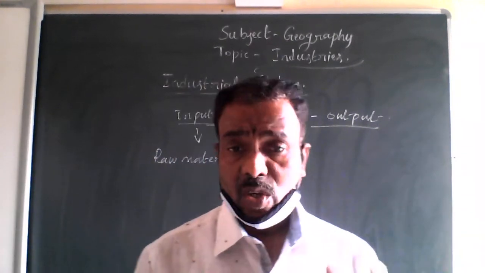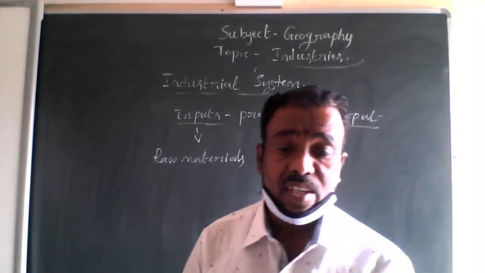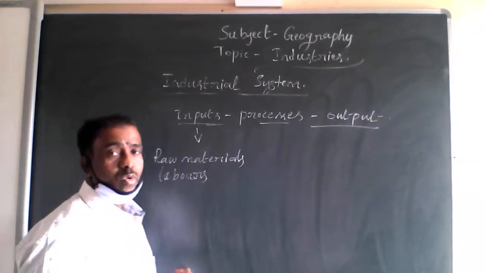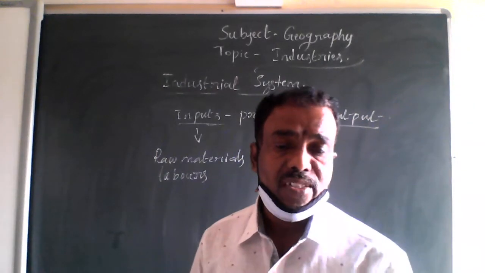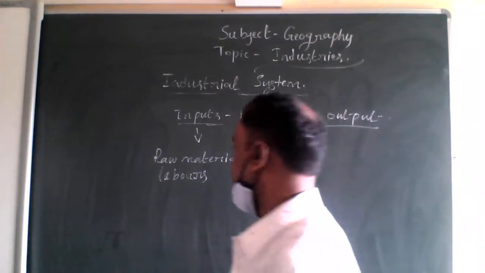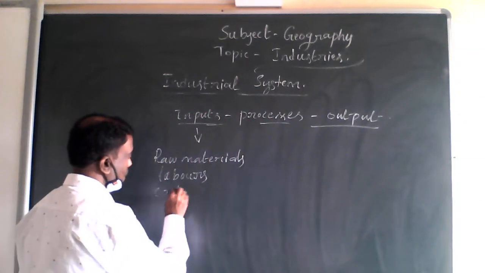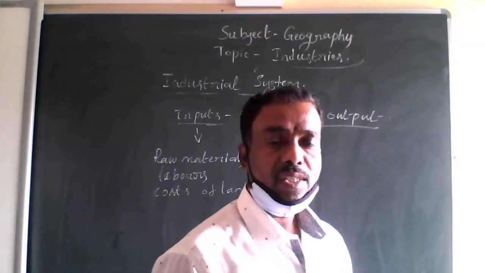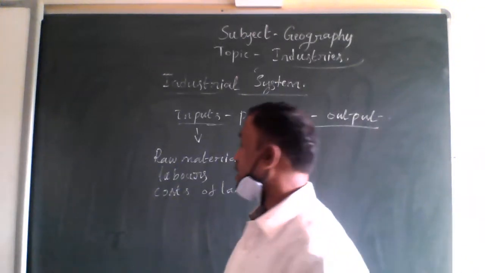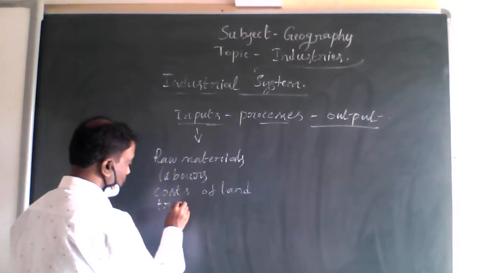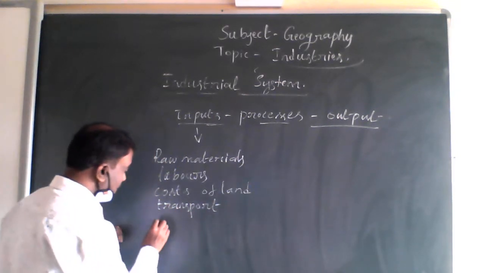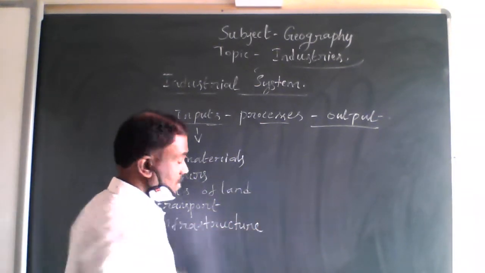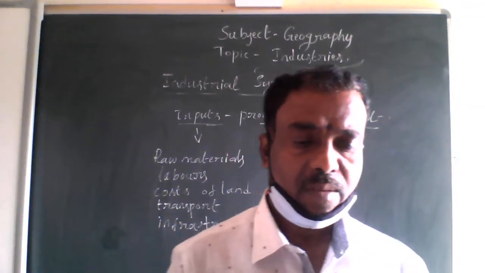So here, not only the raw materials, it's also including labor, and also cost of land, and even the transport and infrastructure.